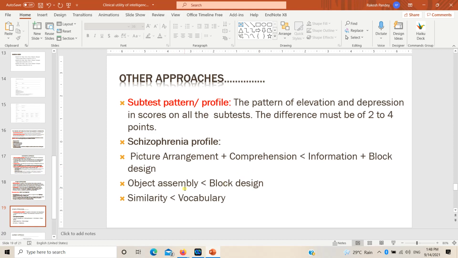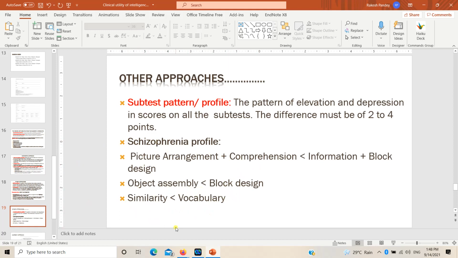Similarly, object assembly is less than block design. Again, the same reasoning. Similarities is less than vocabulary. If you observe these three patterns, then it is likely that the individual may have schizophrenia.